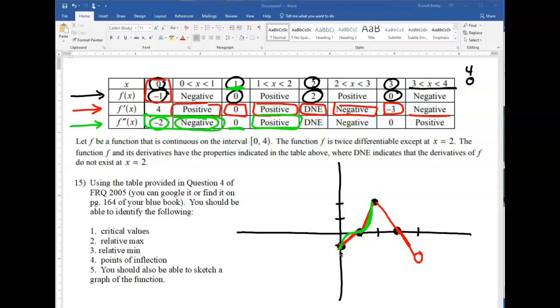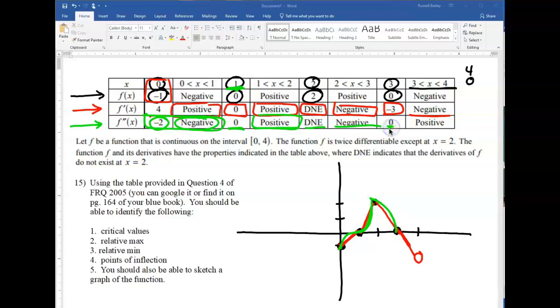There we go. All right, next, at 2, nothing happens, but between 2 and 3, we have a negative second derivative, which means it's concave down. So as I connect this dot to this dot, it's got to be concave down. And sure enough, there's that cusp that I thought would have been there at the beginning. So there's our concave down.